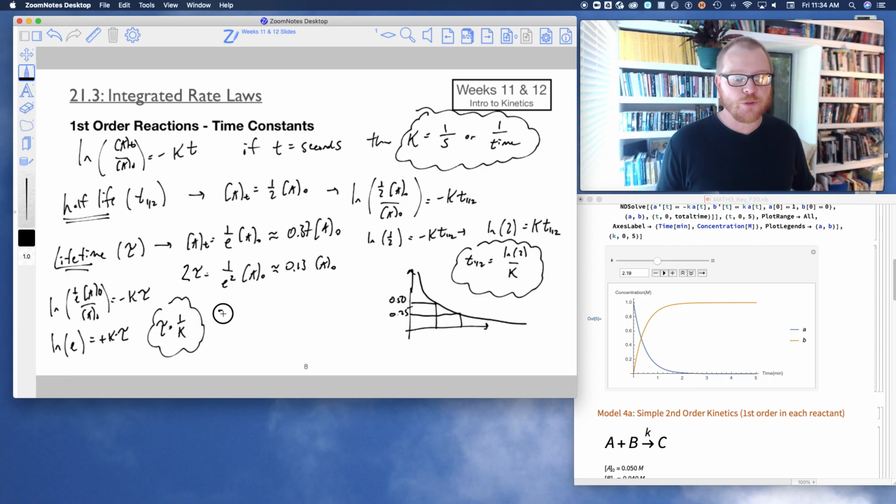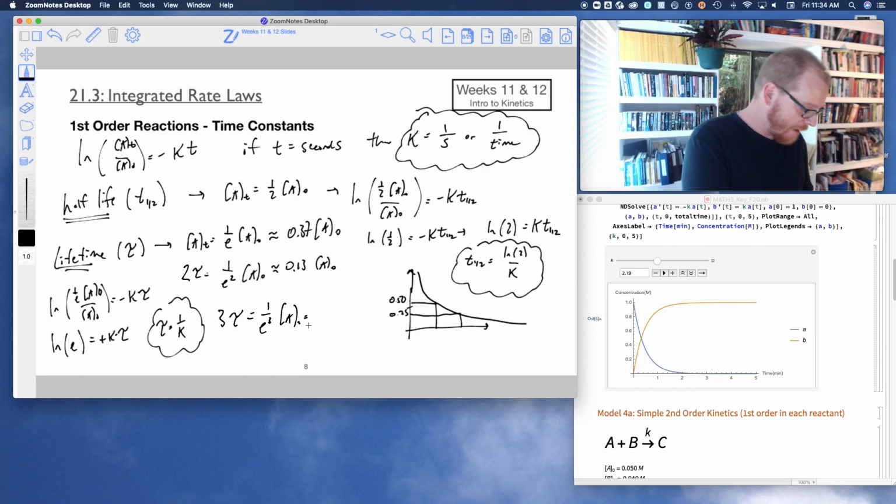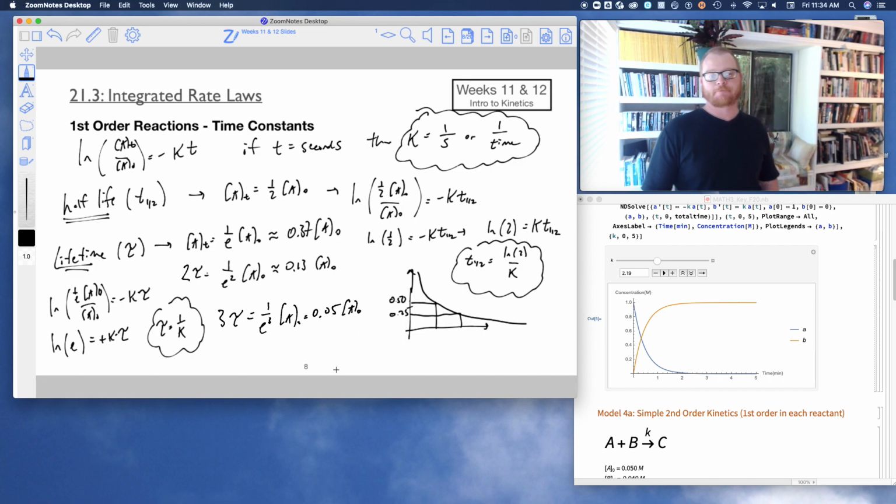And so finally, 3 lifetimes, so 3 tau, is 1 over e cubed of A0. And that one, to my memory, is about 5%. So that's 1 divided by e cubed. Yeah, so now that's only 5% of A0 remaining.